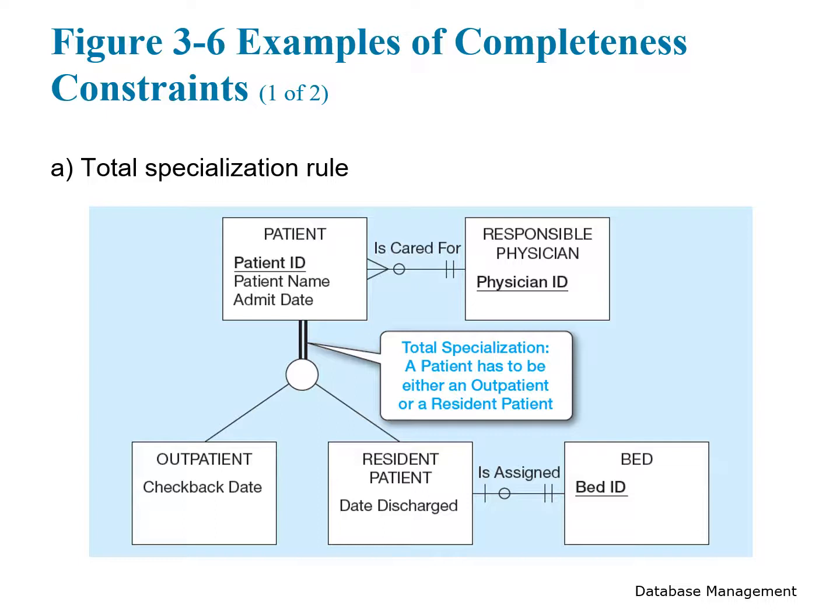Total specialization means a patient has to be either an outpatient or a resident patient. There is no other possibility. This particular completeness constraint is called total specialization and is represented by a double line coming down from the supertype entity type.